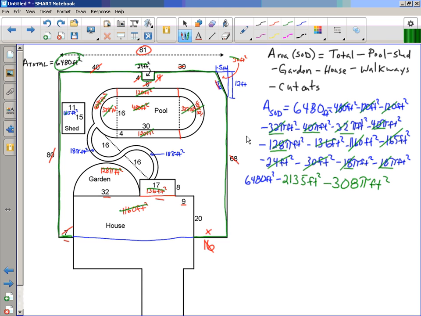So put those together, 6480 minus 2135, and I'm going to get 4345 minus 308 pi square feet. So you could round now. This would be a good time to go ahead and make it round.